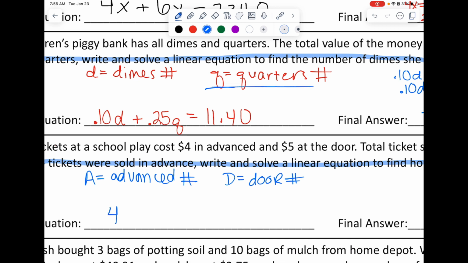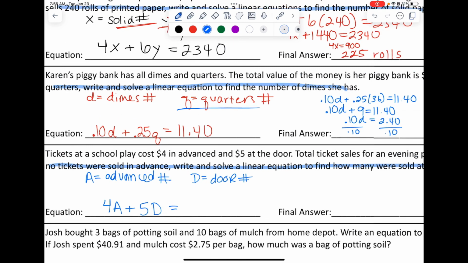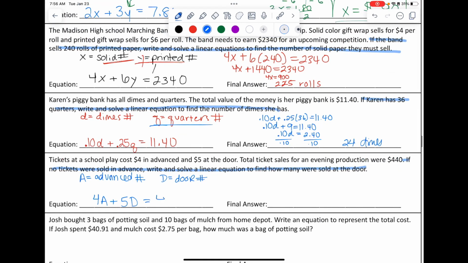So 4A plus 5D, or you can use X and Y, is equal to their total sales of $440. Again, why are we not looking for the word per and trying to set up y equals mx plus b? Because we have two similar items with each of them having their own unit rate per item.